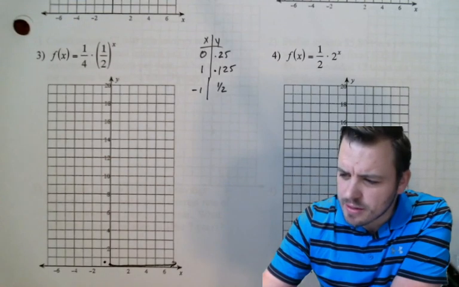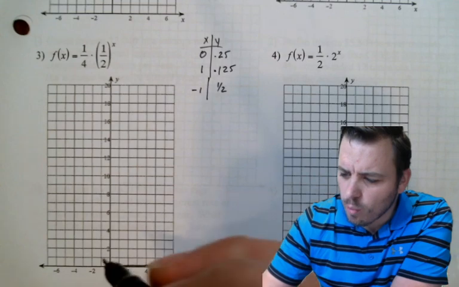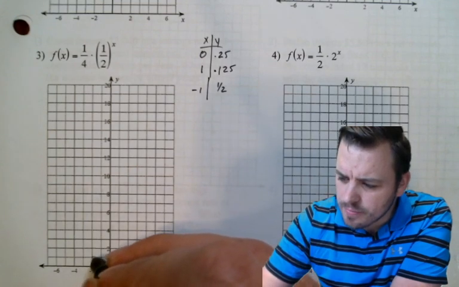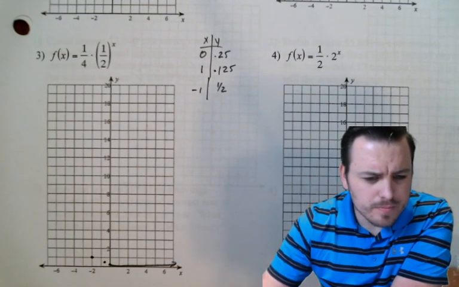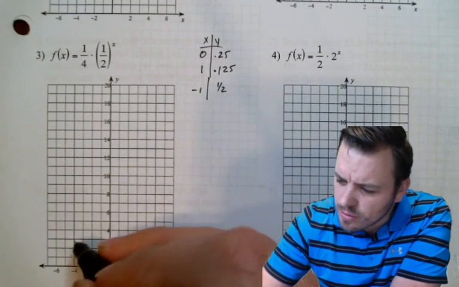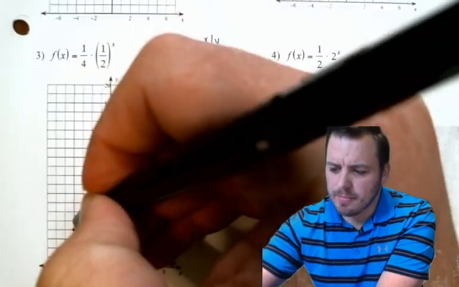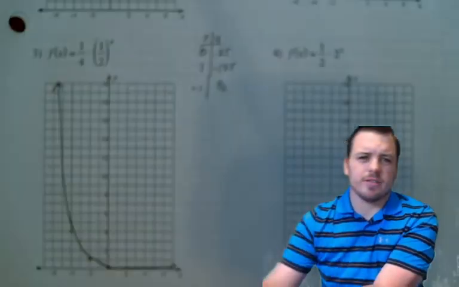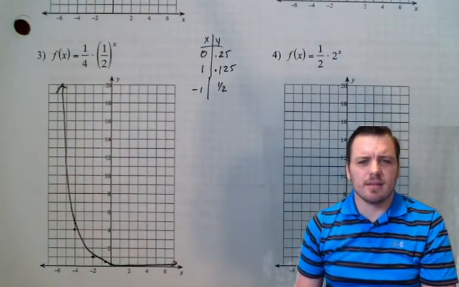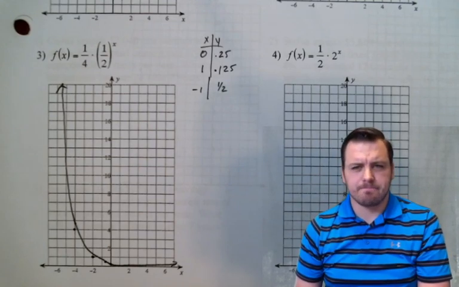Negative 2 appears to be 1. Negative 4 appears to be 4. So it should be looking something like this right here. And again, just a sketch, not necessarily a perfect graph.